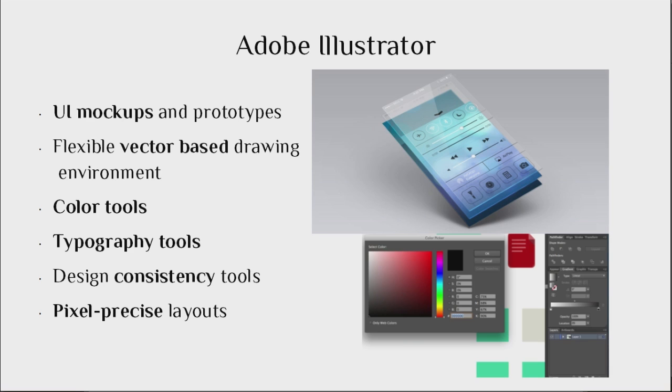So we have pretty good color tools. Again, you can refer to the right side and you can see the image below. So you can see a lot of colors are over there. You can have a slider, you can have a gradient. We also have a lot of typography tools, which have major power over here in Adobe Illustrator. And also we have design consistency tools.